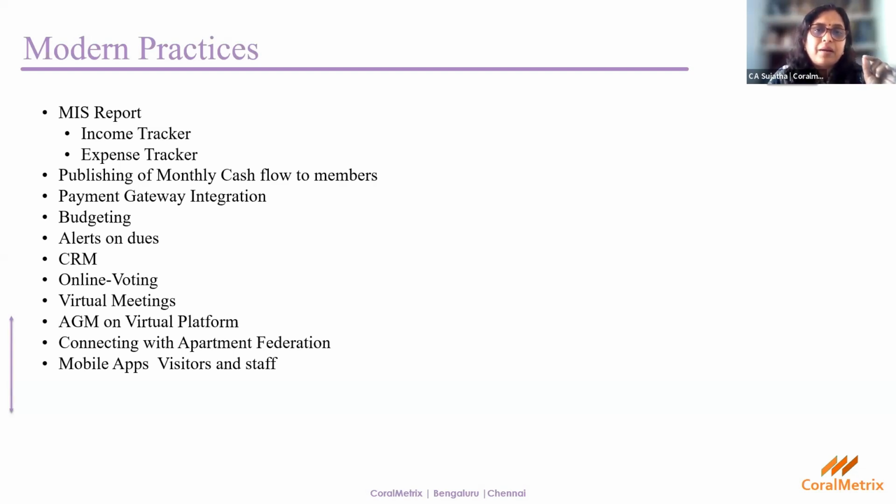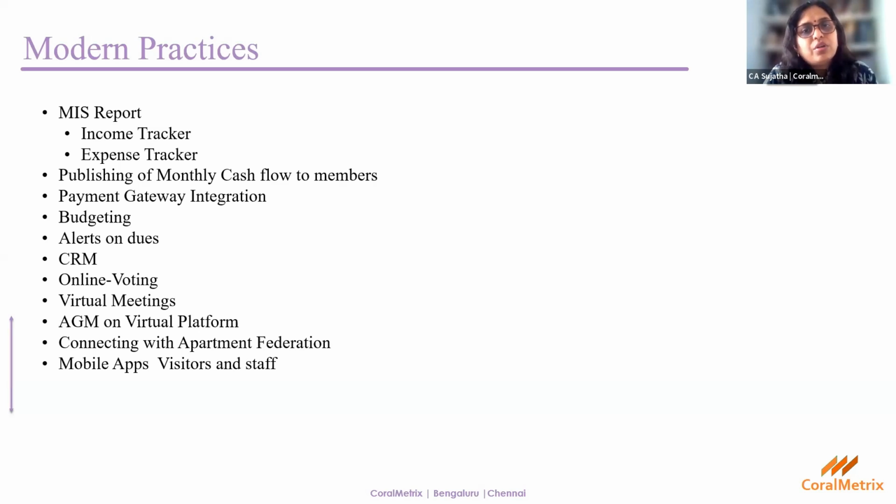If the RWA decides to collect maintenance on a quarterly basis, as the due date approaches, the software automatically sends reminder notifications. And there is customer relationship management, through which the CRM helps in collection of dues, payments, and raising queries and grievances. Every amenity is handled end to end through CRM software.